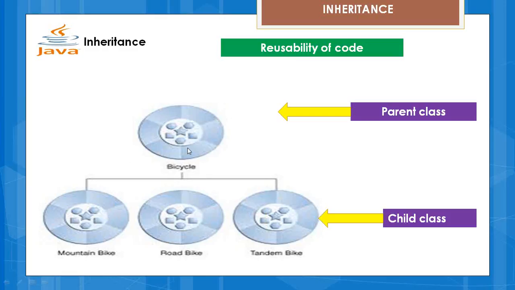The way we all inherit from our ancestors, same way we'll have the parent class and the child class, and we can always reuse the features available in the parent class in the child class. So reusability of code wherever required is what inheritance implements.